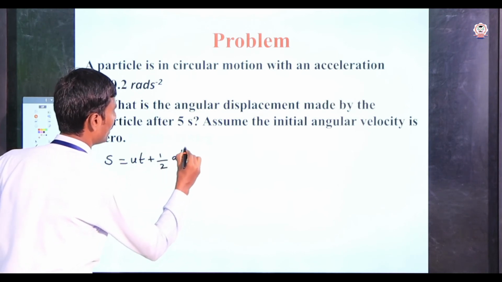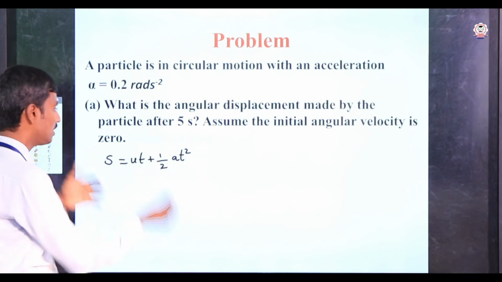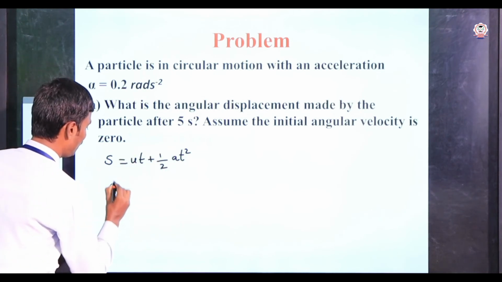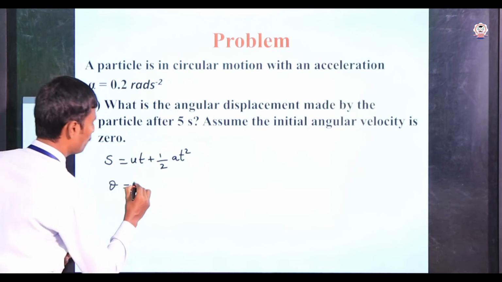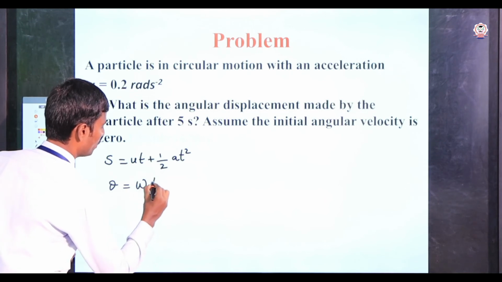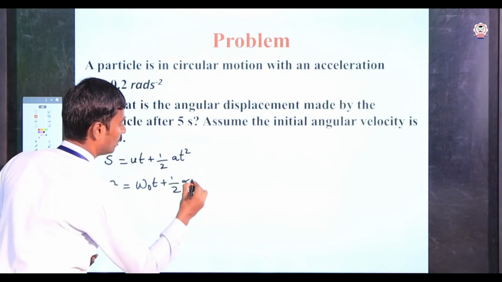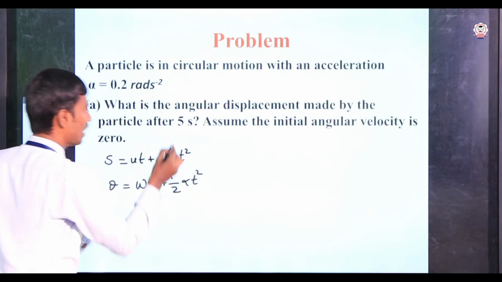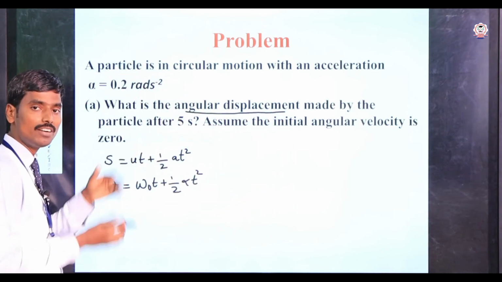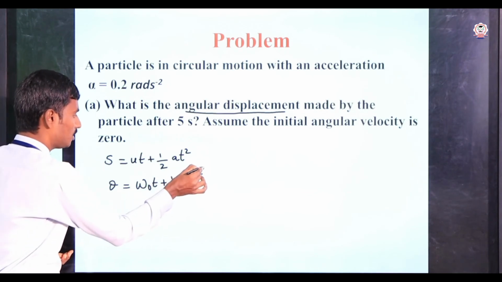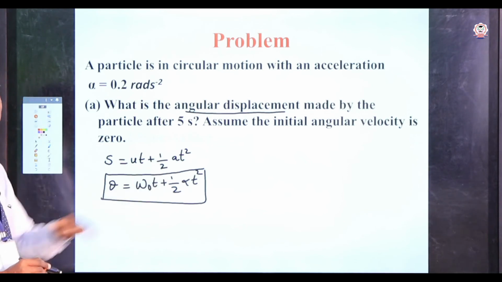To convert to angular displacement, S becomes theta, u becomes omega naught, and a becomes alpha. So theta equal to omega naught t plus half alpha t square.